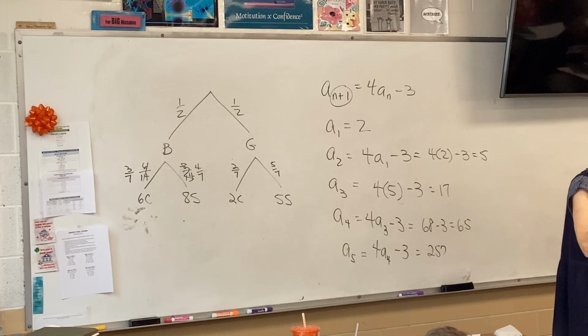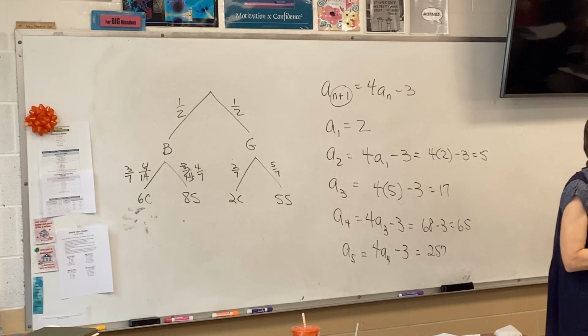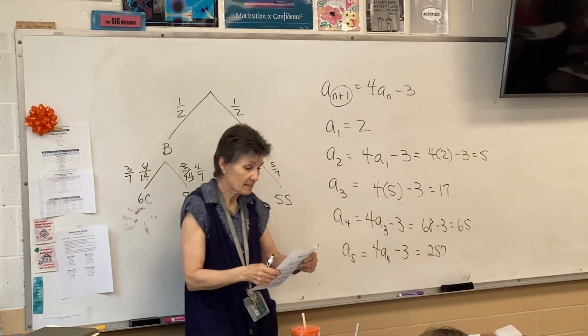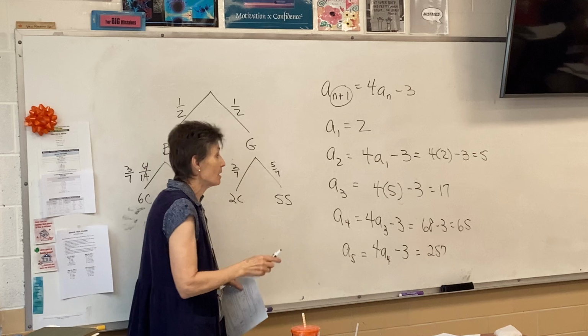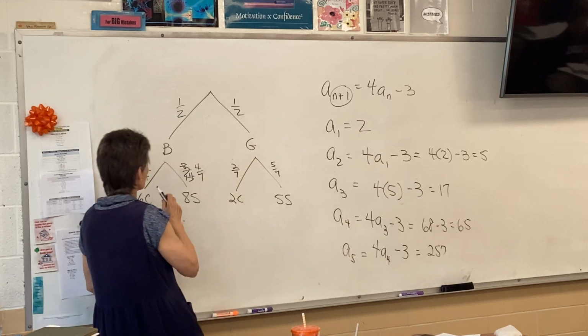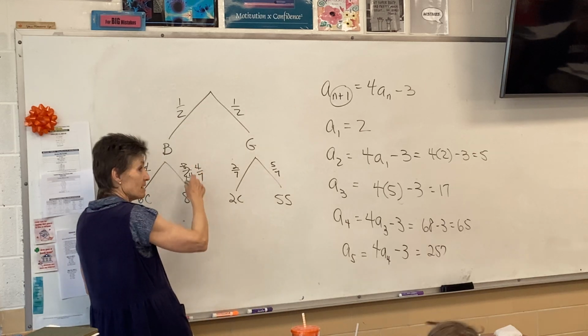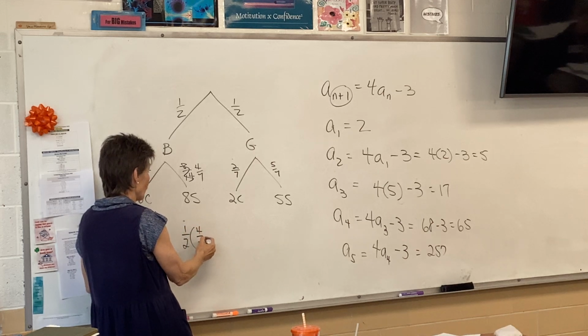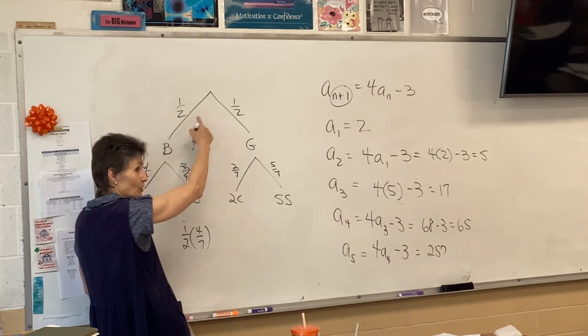Then, he's picked a jar, he reaches in and grabs a cookie. What is the probability that the cookie he gets is a sugar cookie? Well, he can get a sugar cookie out of the blue jar, so that would be 1/2 times 4/7 sugar out of blue.